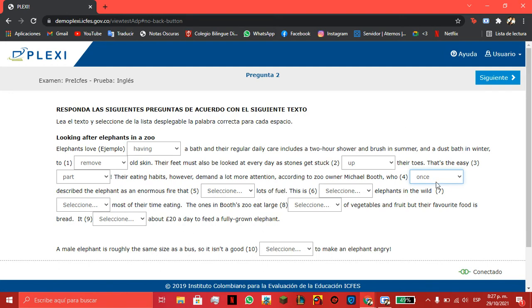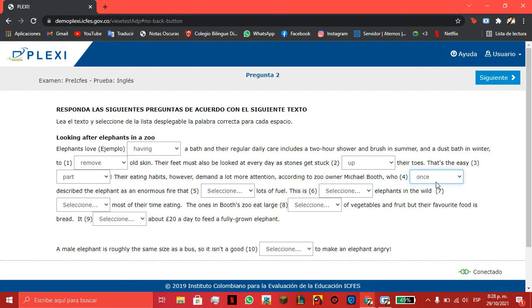So once, as it is in past, also means that this was in the past one time. So the zoo owner described the elephant as an enormous fire one time in the past, so that's why the right word here is once.